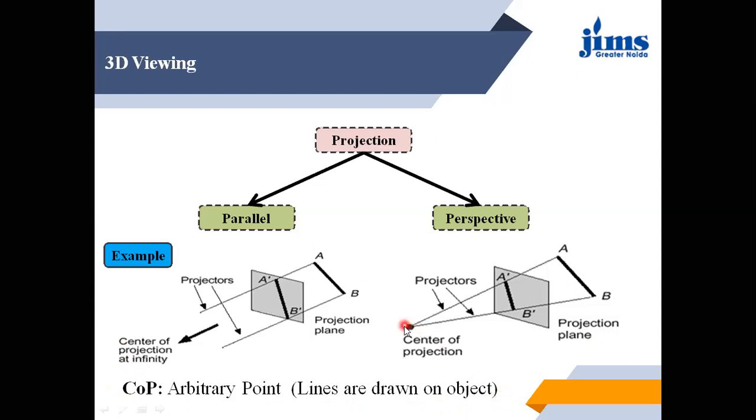This is the center of projection. From this point we draw the lines on the object. So this is one line, this is another line.